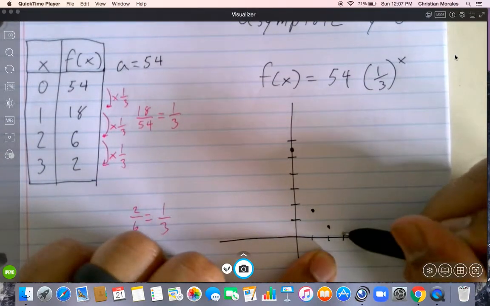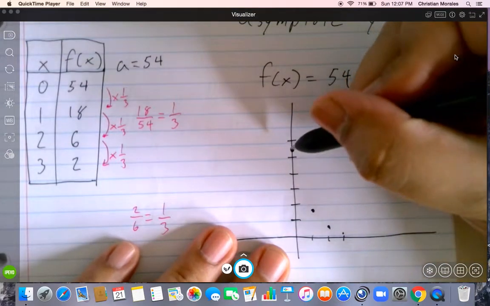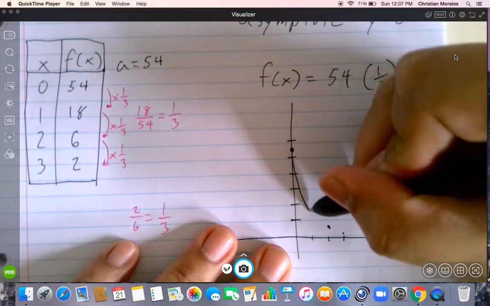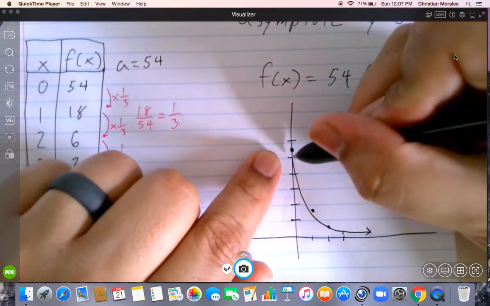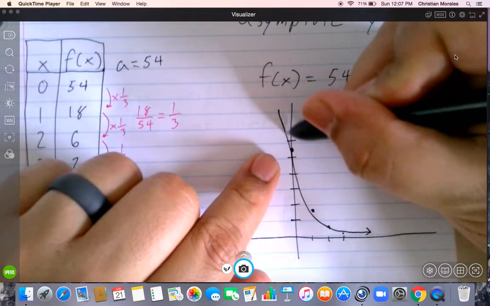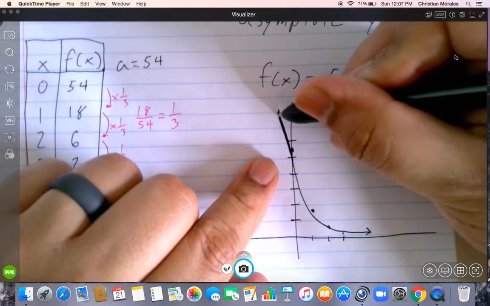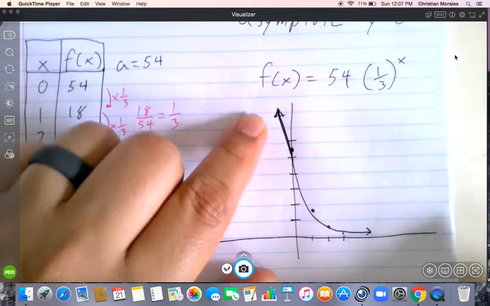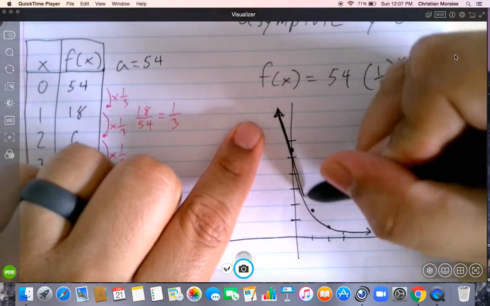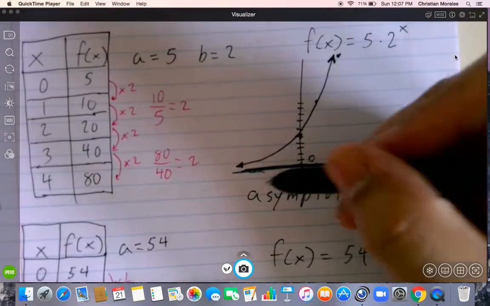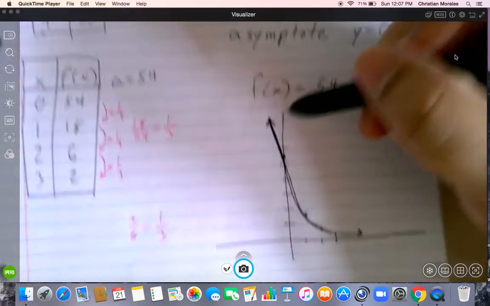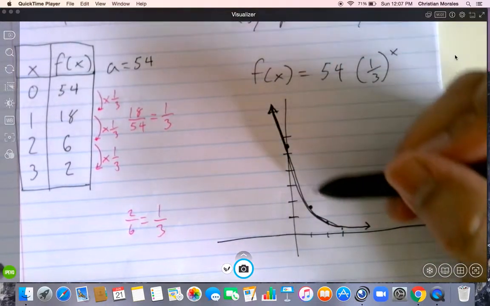The next number is 2. So what you notice is this curve is going down. And on this side, it would be curving upward. It would be going up, like that. So it acts very much like the other one, but kind of in reverse. Like this one started low and went up. This one started high and went low.